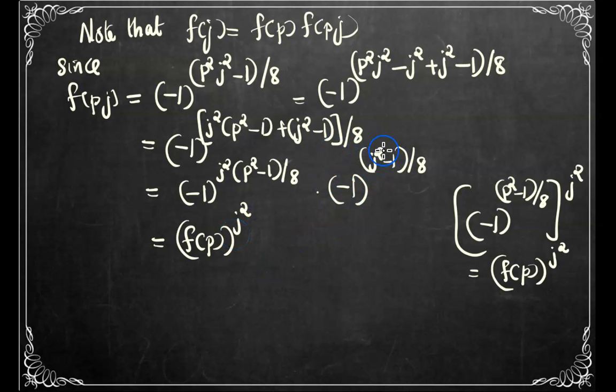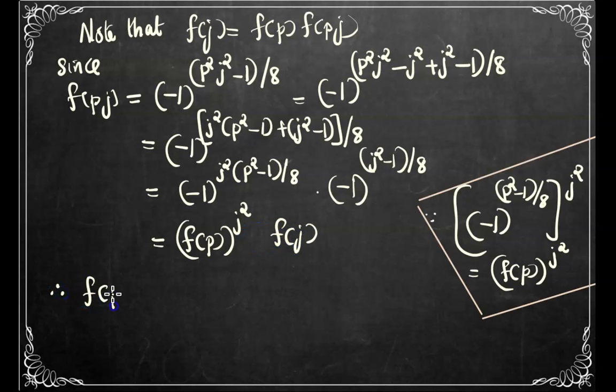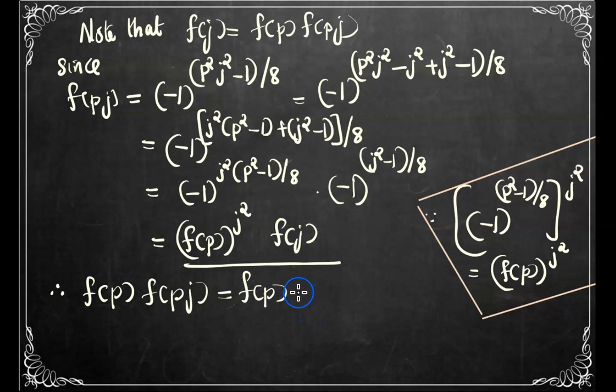Similarly, this second quantity is f of j. Therefore, f of p into f of pj will be equal to f of p into this expression, which will give f of p all raised to j square plus 1 into f of j.